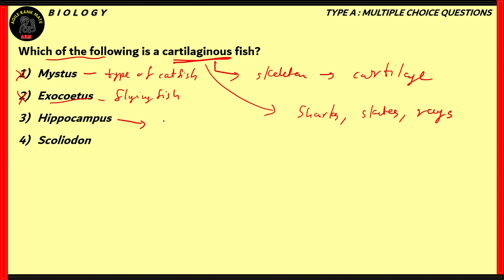Option 3, Hippocampus, refers to seahorses, which means that option 3 is also incorrect. That means option 4, Scoliodon, is the correct option to this question. In case you're wondering what Scoliodon means, it is basically referring to sharks. So therefore, option 4, Scoliodon, is the right option.